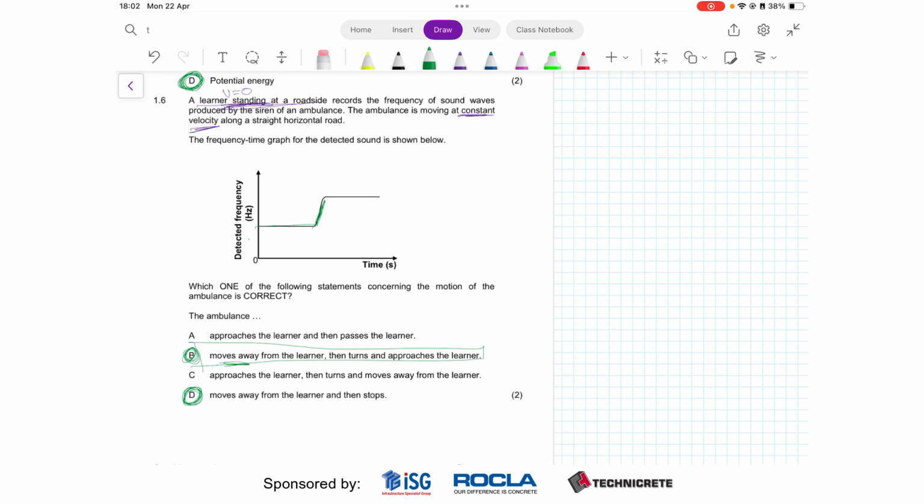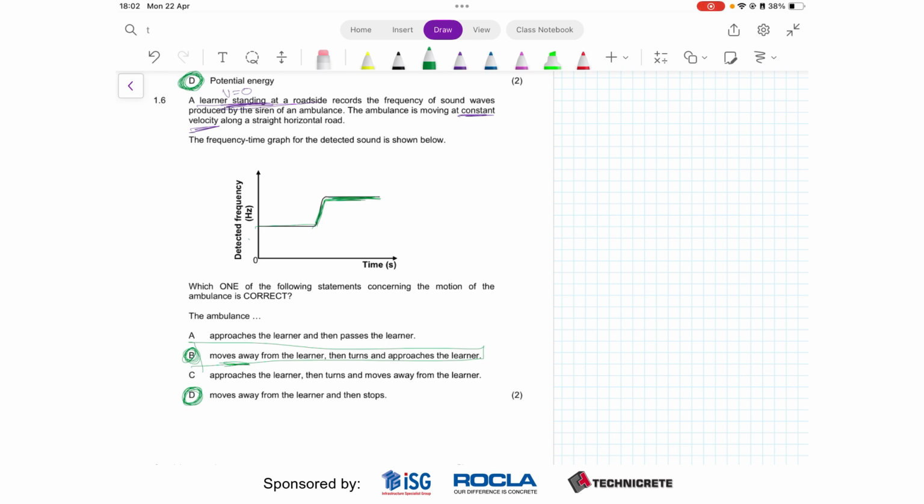And now because it's approaching the learner, the frequency then becomes higher, because the ambulance is approaching the learner. Remember that for Doppler effect, if the source is moving away from the observer, the frequency is lower. Think about it: if you're trying to hear a siren, as it moves away, the sound that you hear gets lower and lower.